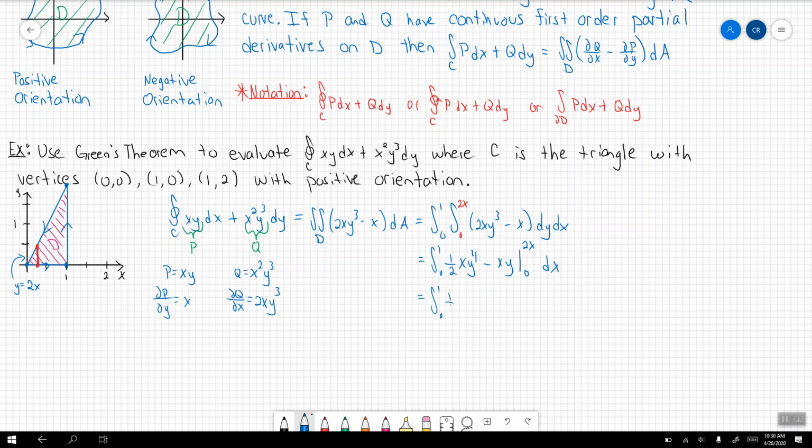And now I'm going to evaluate only my y values, because those are the ones that we integrated, so it's going to be 2x to the power of 4 minus x times 2x, and the values of 0 are just going to go away.